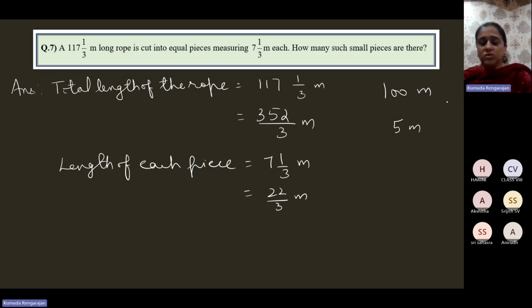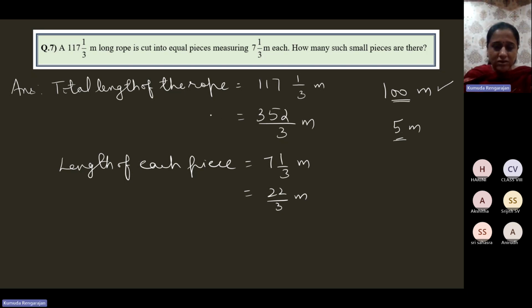The number of pieces will be 100 divided by 5, 20. Total length of the rope, 100 meters. Length of each piece, 5 meters. The number of pieces, 100 divided by 5, 20.